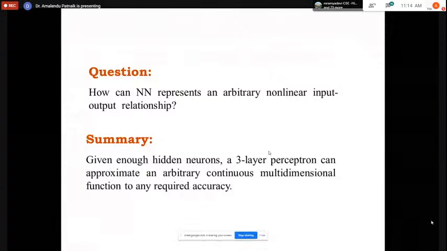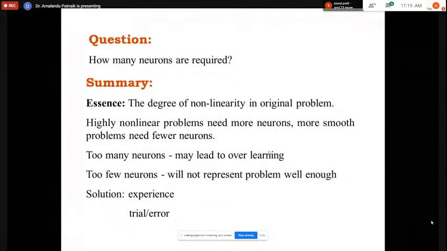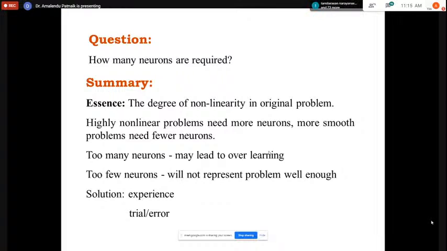So there is no point in taking multiple hidden layers in a neural network. In most of these antenna problems, you will find mostly a single hidden layer. Then the question is, how many neurons are required when I say a sufficient number of neurons in the hidden layer?